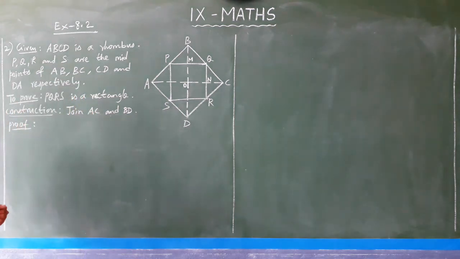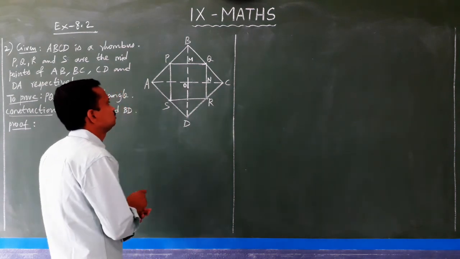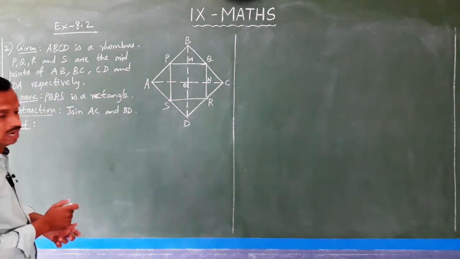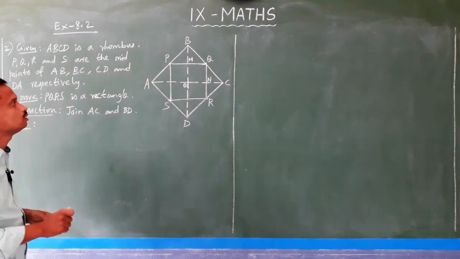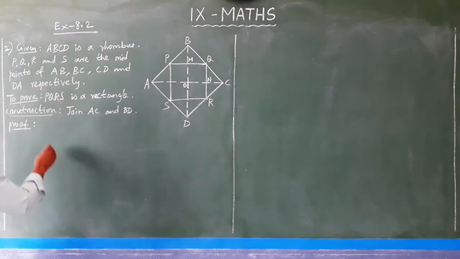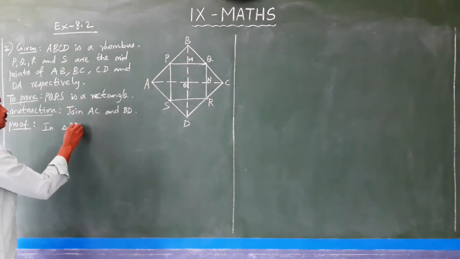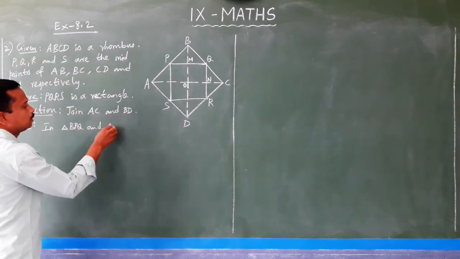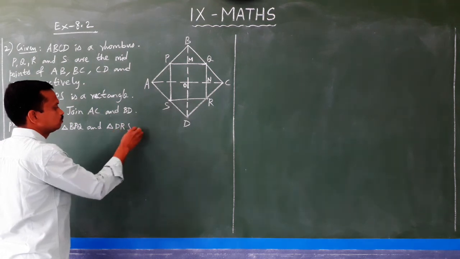Now, coming to the proof part. First of all, I am trying to say PQRS is a parallelogram. For that, we have to show the opposite sides are parallel. For example, we take the two triangles BPQ and DRS.